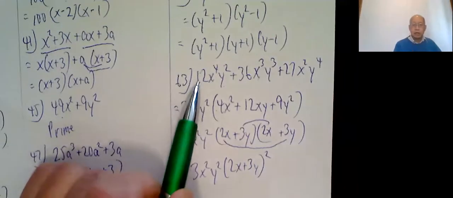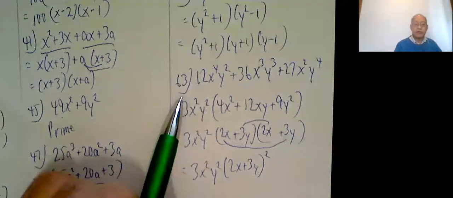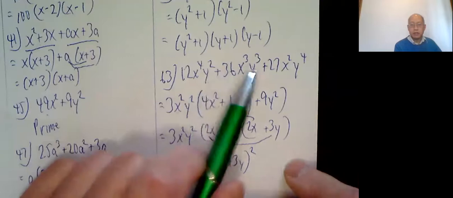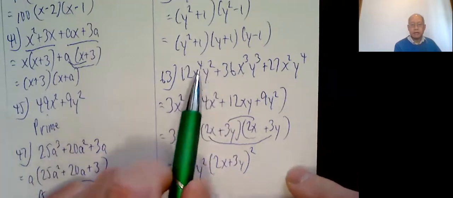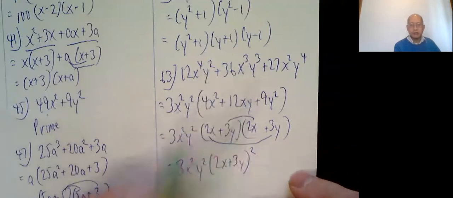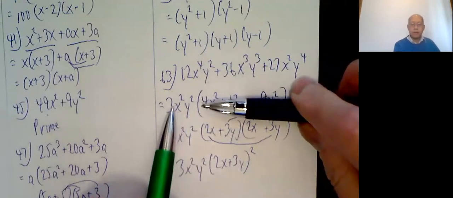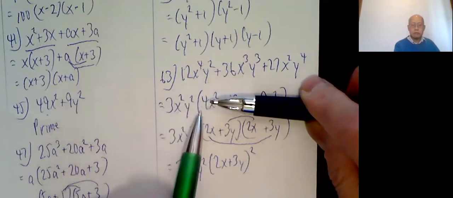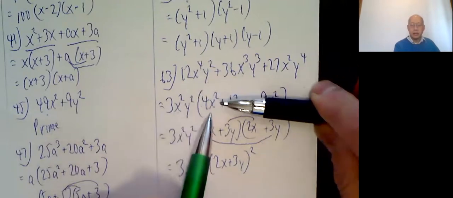Finally, 63, all this stuff, I can take out a 3x squared y squared. 12, 36, 27, take out a 3. X to the 4, 3, 2, x squared. Y to the 2, 3, 4, y squared. Okay. And how do I bring it back up to here? 3 times 4, x squared times x squared.